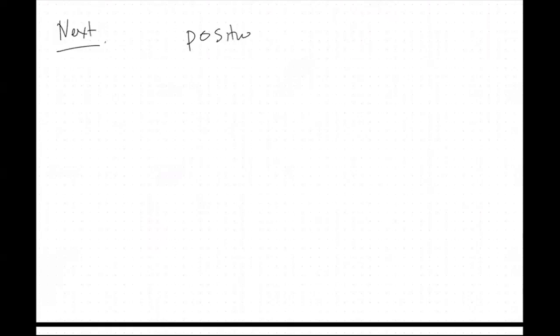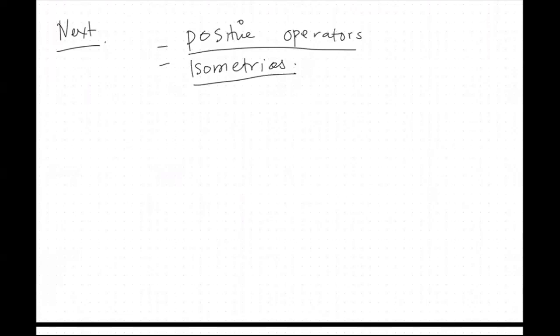Isometries are basically distance preserving operators. When we say distance, in our language here, we call them norms.